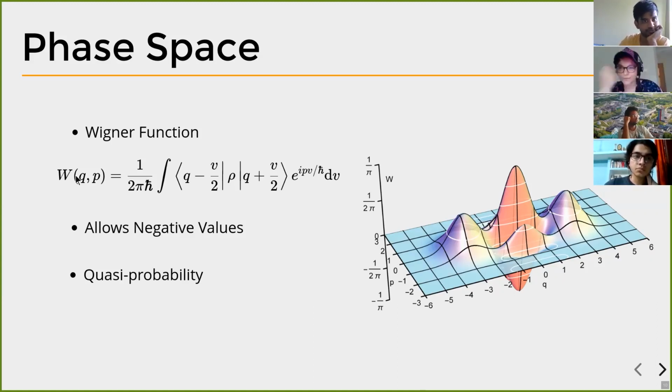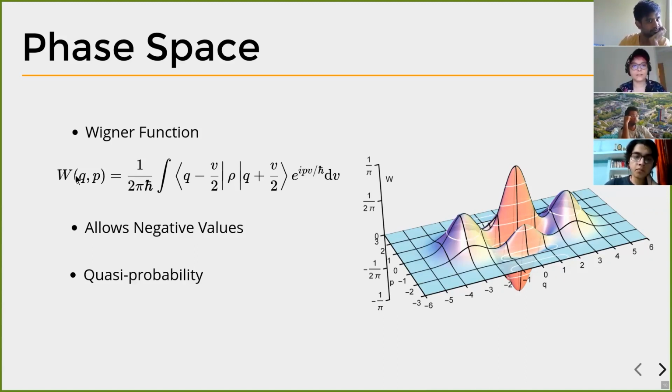And the thing about the Wigner function: when you think about the wave function, you have position, and you take the Fourier transform, and you get the momentum. The Wigner function is something in between.